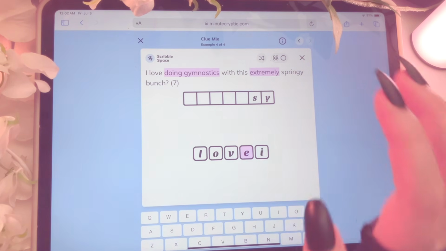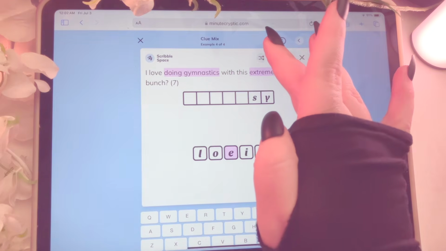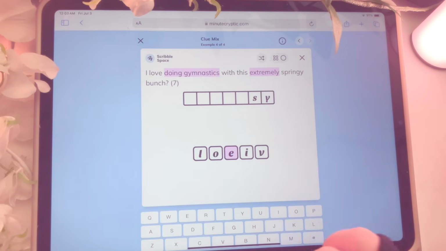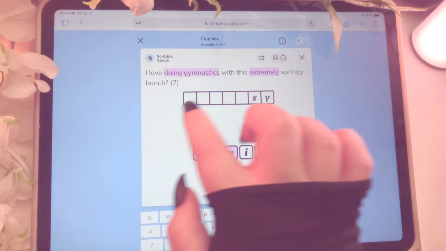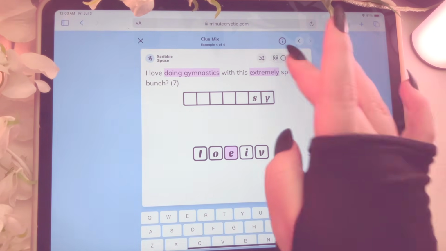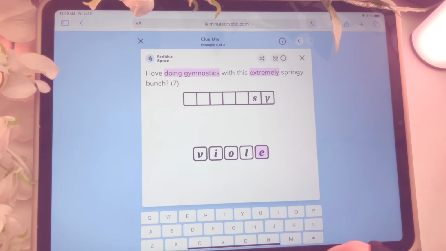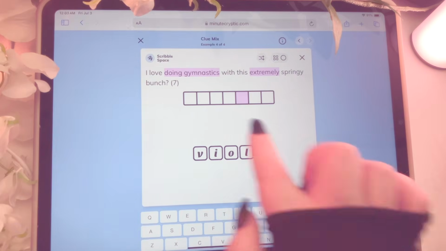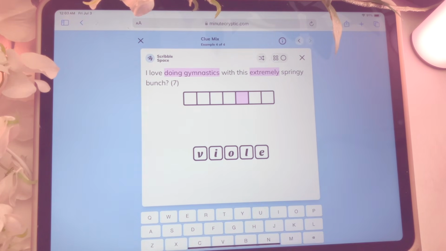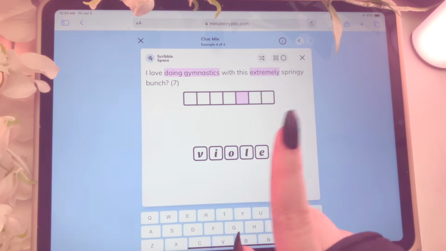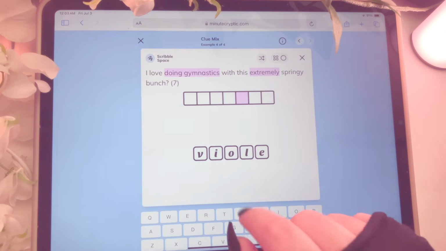Yeah, that's enough letters. Could extremely be in relation to this instead? And the definition could be springy bunch rather than just bunch. The anagrams, yes, I am the worst at, but thank goodness they gave it to me. So, springy bunch is the definition, not just bunch.